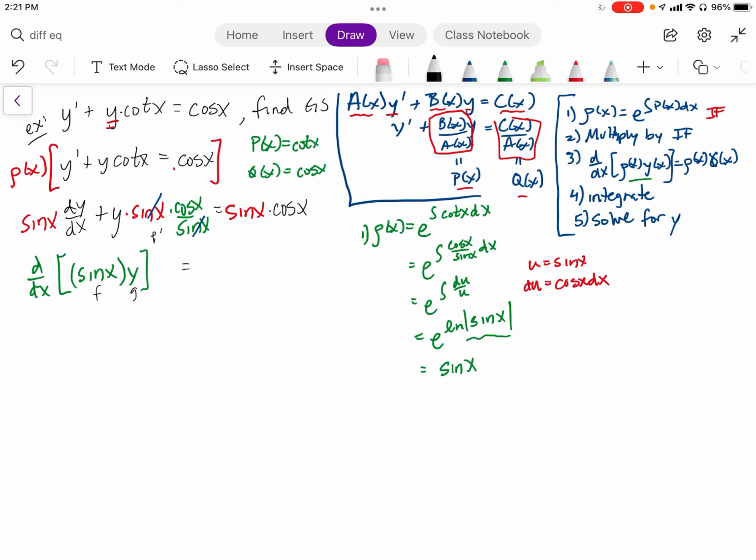This is F prime times G plus F G prime, plus sine x, there's F. Derivative of y is 1, but implicit differentiation, dy dx. There it is, product rule, it checked out.